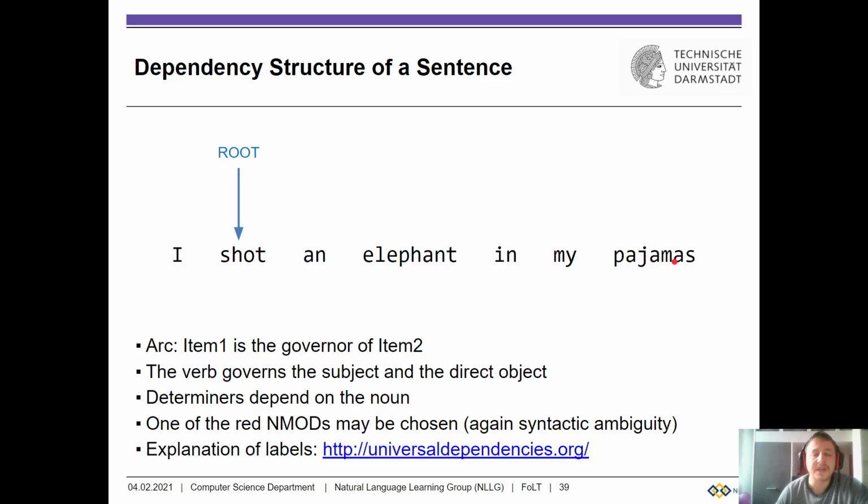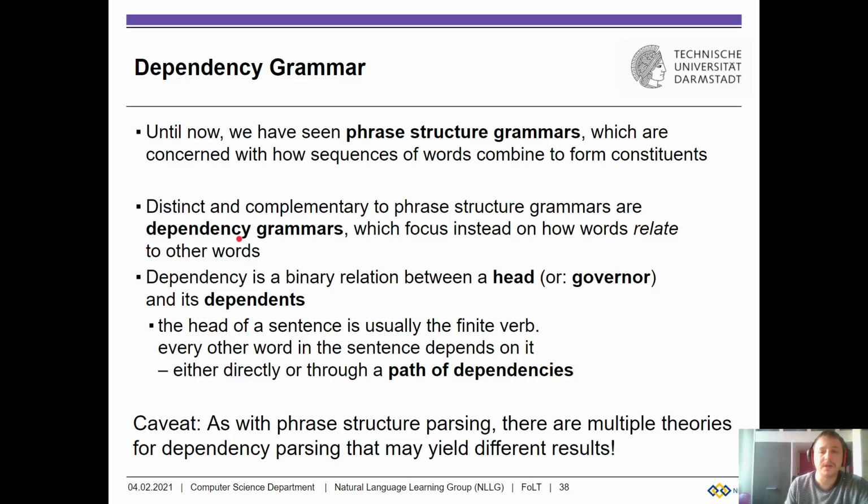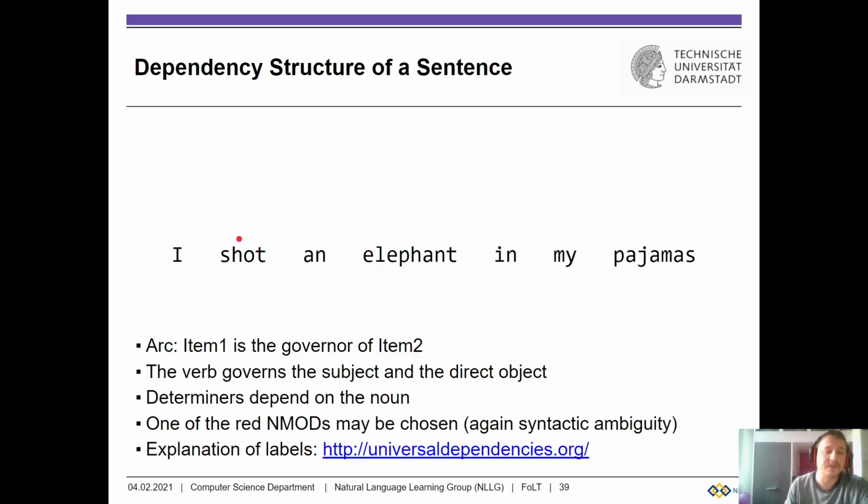So, as I've said, the finite or inflected main verb of the sentence is usually considered to be the head of the whole sentence. So we would indicate that this verb here is the head of the whole sentence.